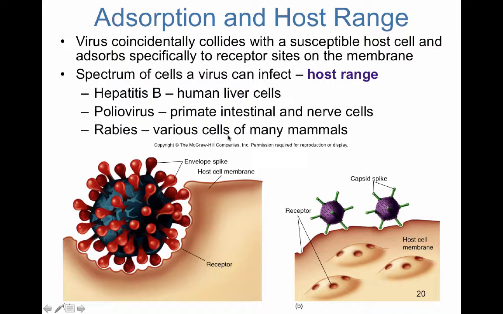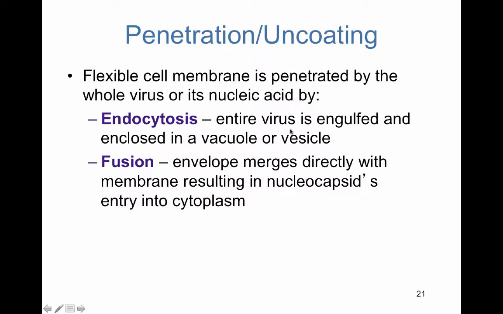And it has to do with the spikes. How does it actually attach? It's the spikes that are uniquely recognized by a particular receptor that is only found on certain cell types.